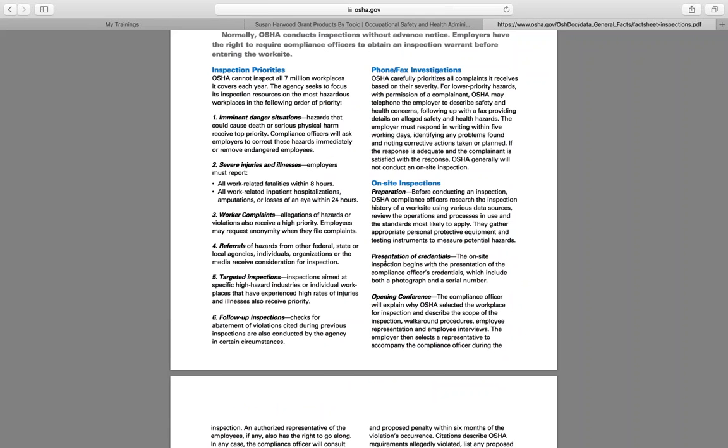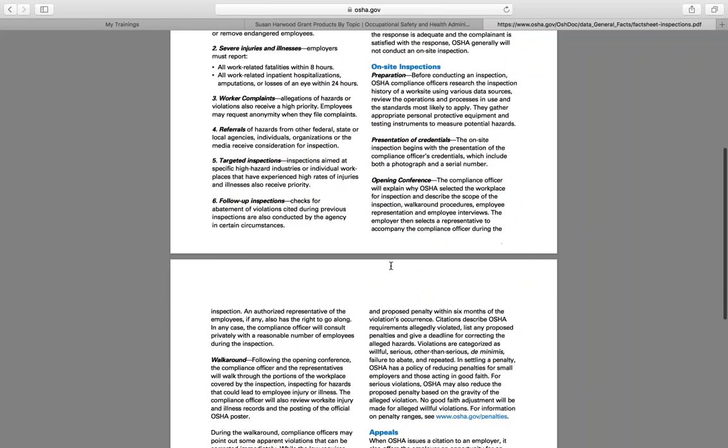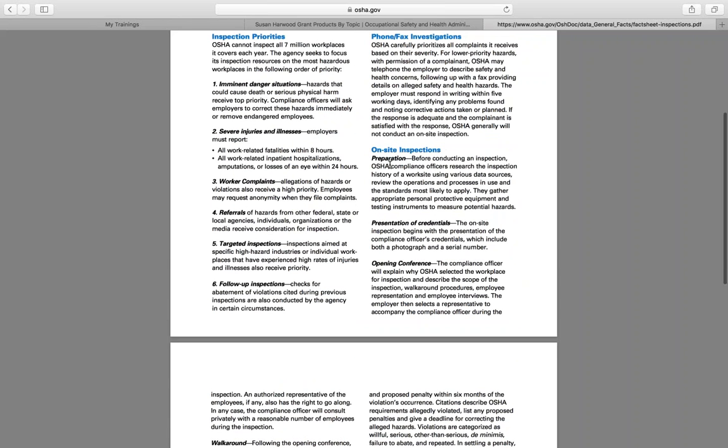Then they come for these steps. First of all, they're going to prepare. In most cases, before they come out, they prepare to know who they're coming to, whether they've been to our facility before, and whether we've had any previous inspections, citations, or penalties. Then when they come out, the first thing they do is present their credentials.